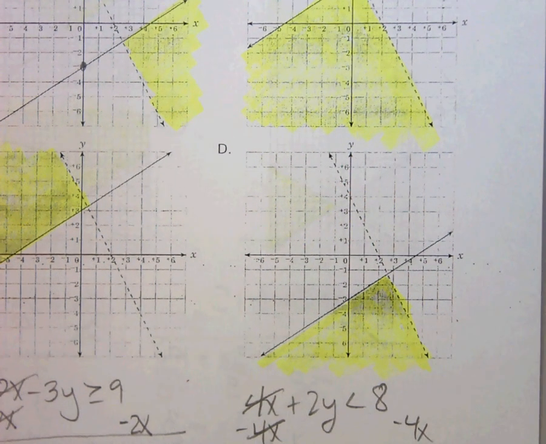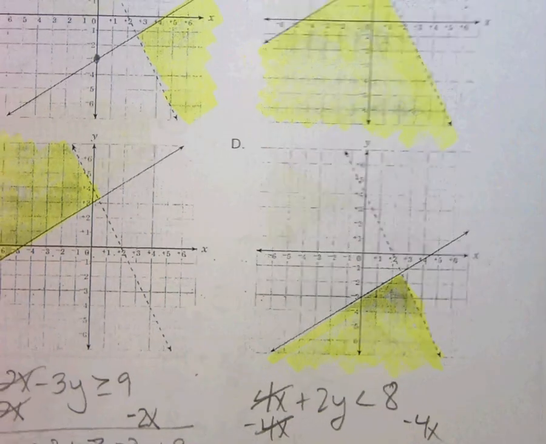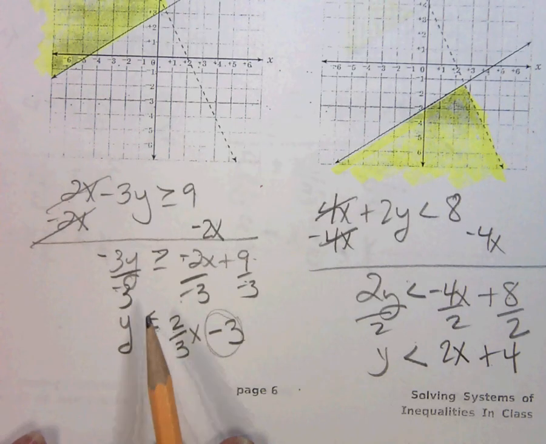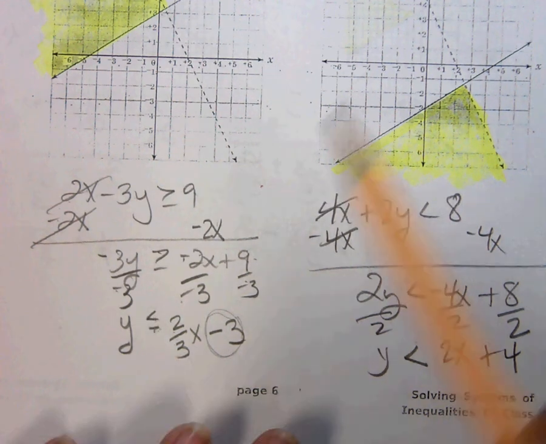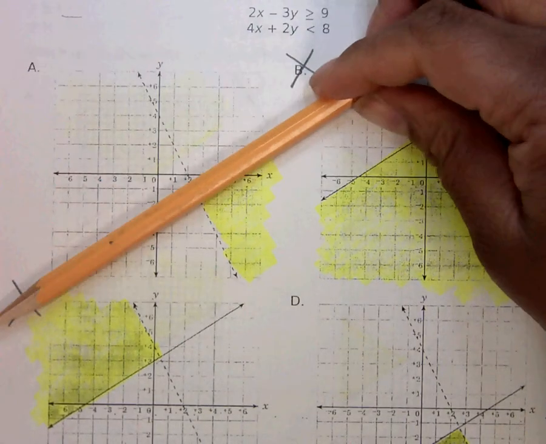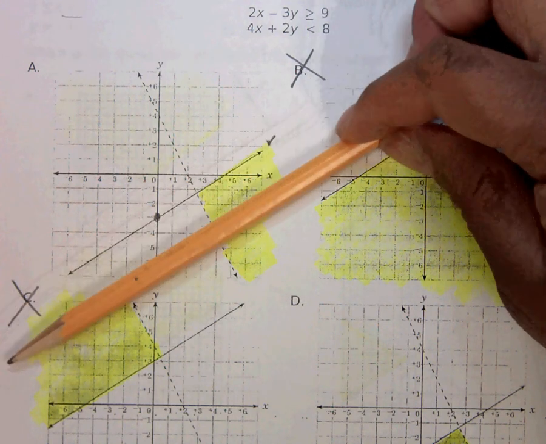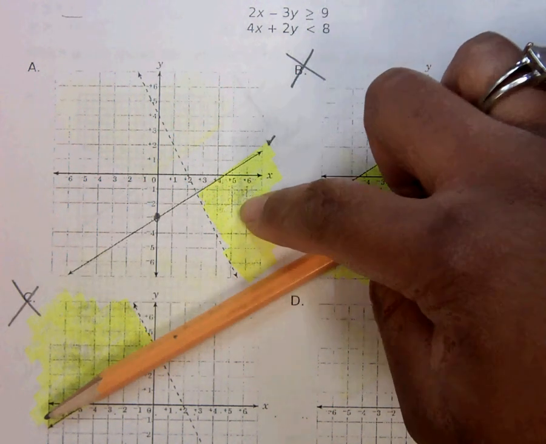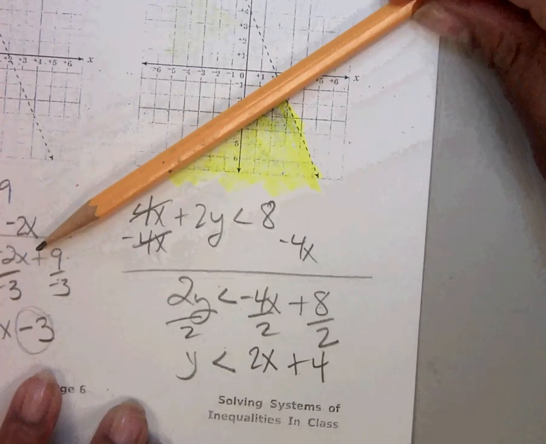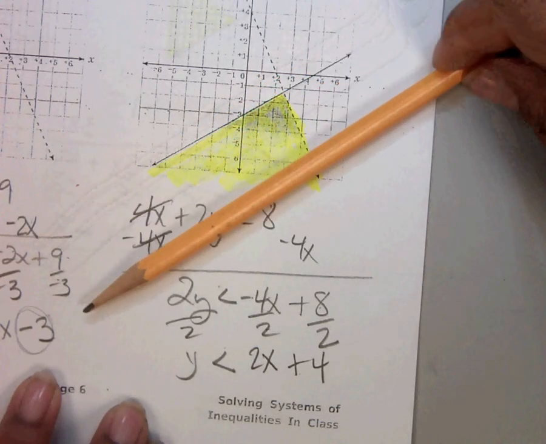Now, we can go back to the solid line. It needs to be less than, so shade it below from the solid line. So let's put our pencil or pen down and shade down. Well, it did, because that's below it. Okay, let's try this one. It did. That's below it.